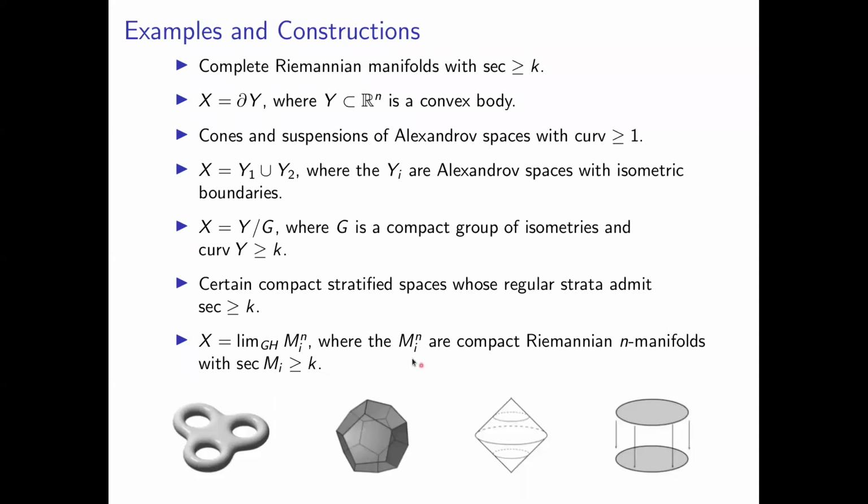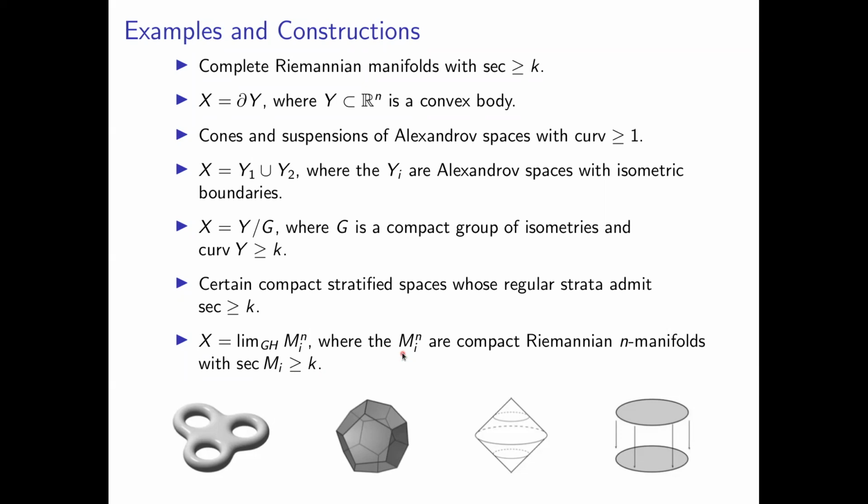So the idea here is that if you look at compact metric spaces, there is a metric on that class of spaces called the Gromov-Hausdorff metric. So then you can make sense of convergence of sequences.